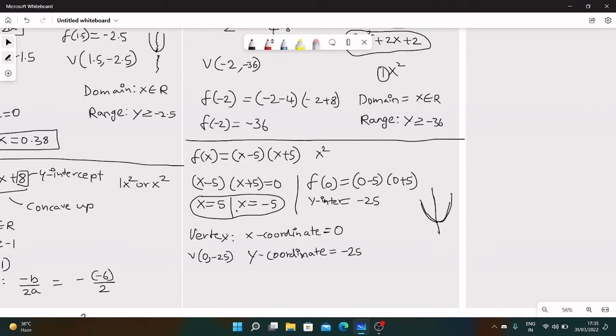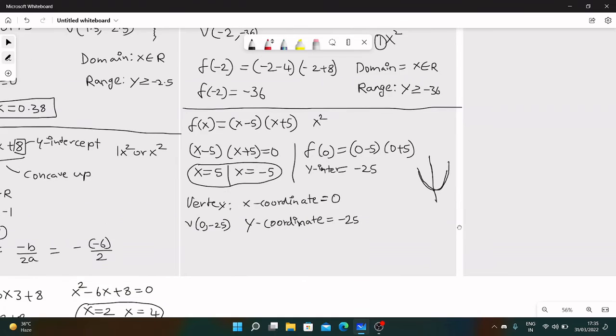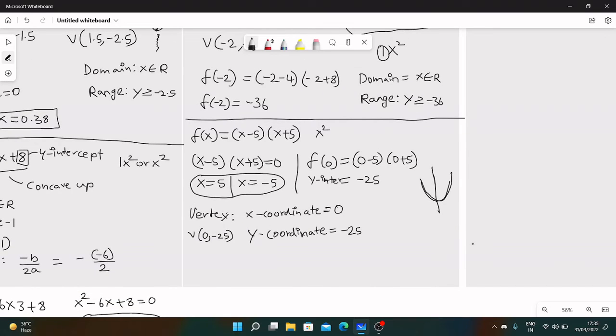And we're almost done. Let's go on to the domain and range. We know it's concave up, we just discussed it, so we can jump to the domain and range. Let's write the domain. At this point, we don't even have to write it.